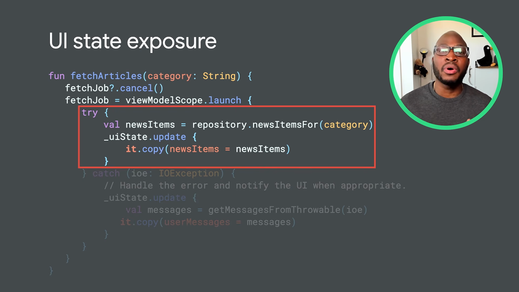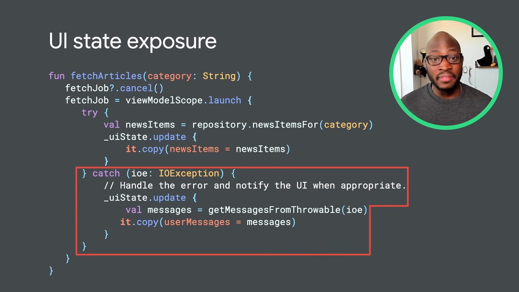These changes will automatically be pushed to the UI. If there were any errors fetching, that error should also be reflected in the UI state. This is because the UI may want to display a message to the user notifying them about the error that occurred. We'll learn more about this kind of view model and UI event loop in the next episode.